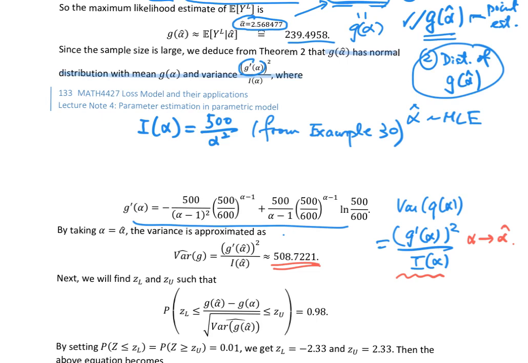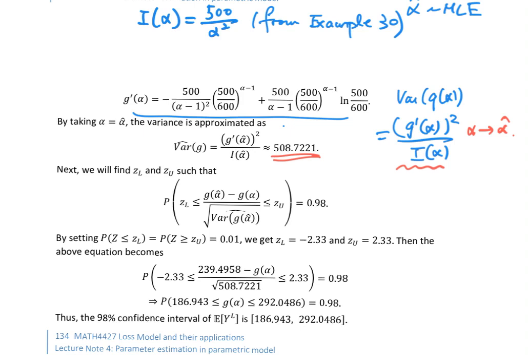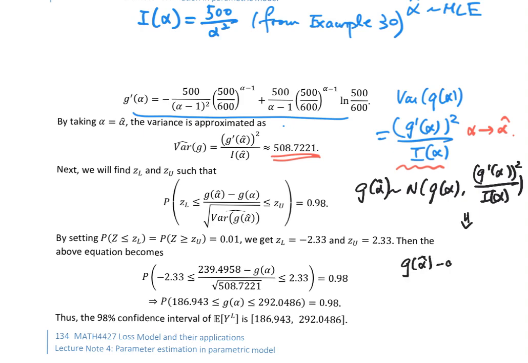Given this, now you can start to construct your confidence interval. Remember that your G alpha hat follows a normal distribution with mean G alpha and variance G prime alpha squared over I alpha, isn't it? So that means your standardized score follows the standard normal.